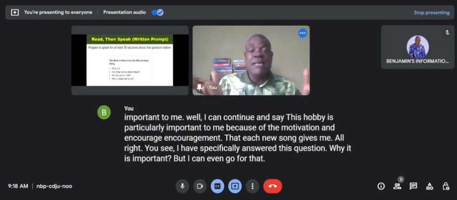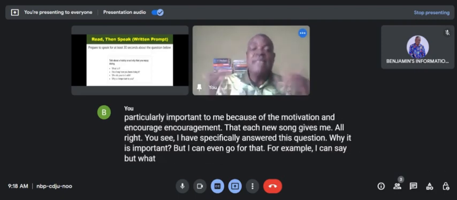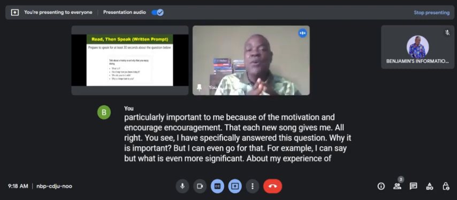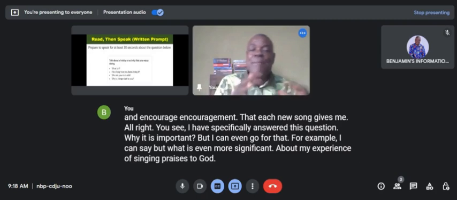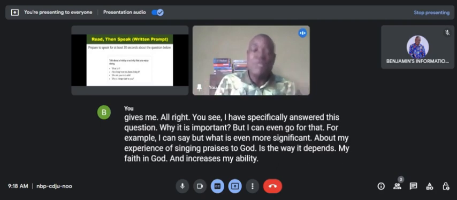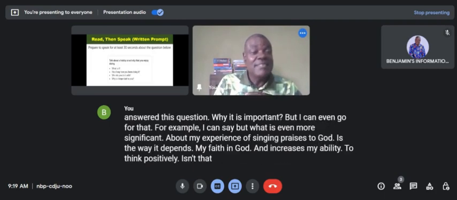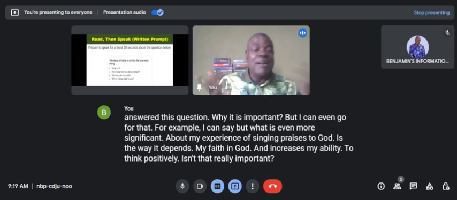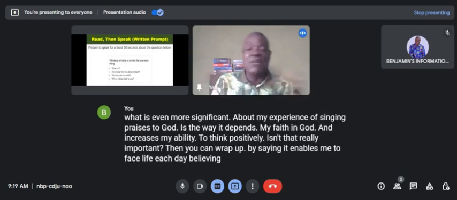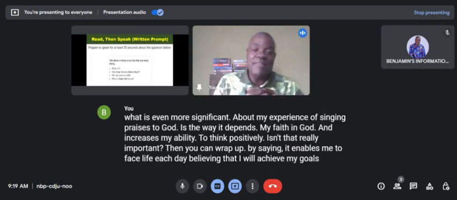For example, I can say, but what is even more significant about my experience of singing praises to God is the way it deepens my faith in God and increases my ability to think positively. Isn't that really important? Then you can wrap up by saying it enables me to face life each day, believing that I will achieve my goals through His abundant grace.